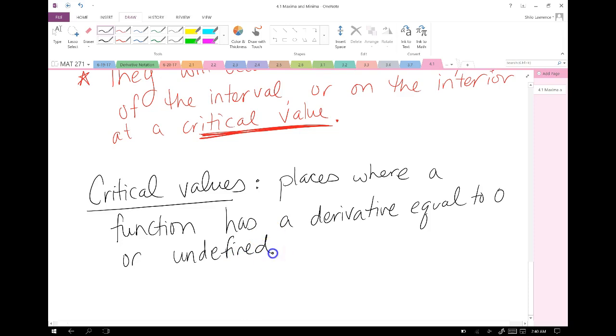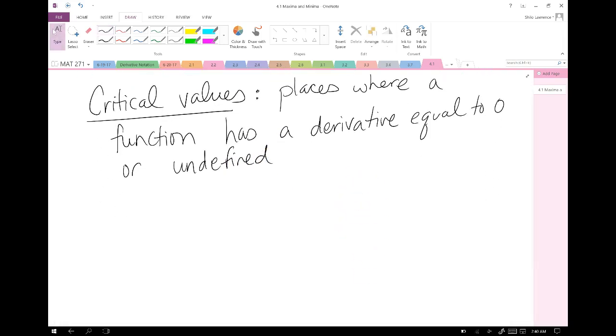And that would probably look a little bit nicer written as a list rather than a definition.